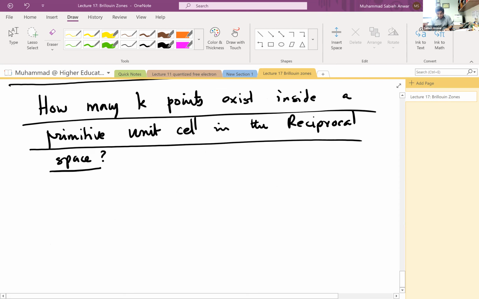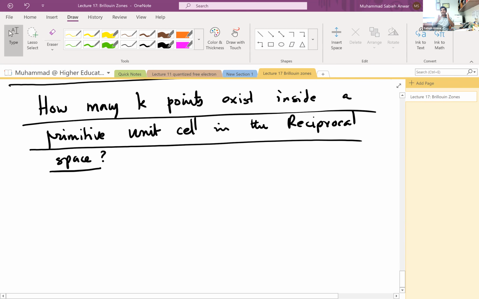We know that in 1D, please listen carefully, the first Brillouin zone is like a unit cell, a primitive unit cell in the reciprocal space. And that's repeated periodically to fill up the entire reciprocal lattice. So we have a primitive unit cell in the reciprocal space.